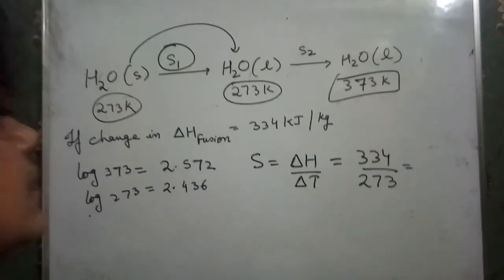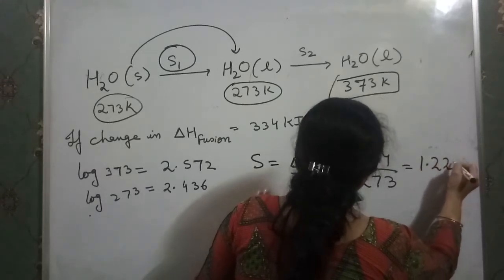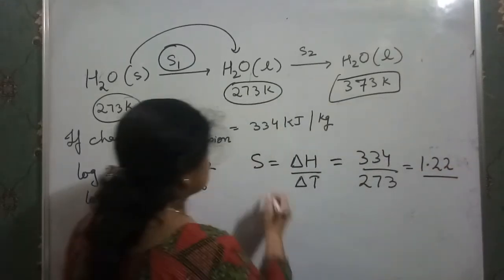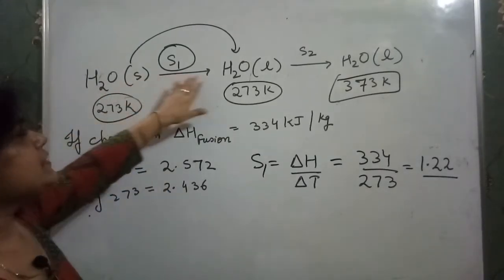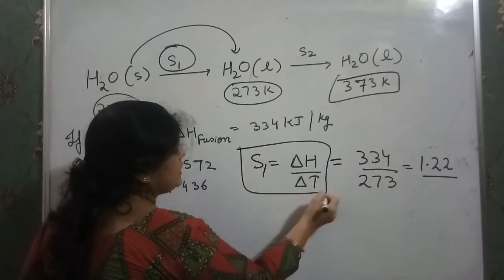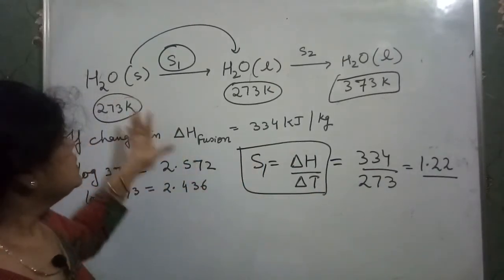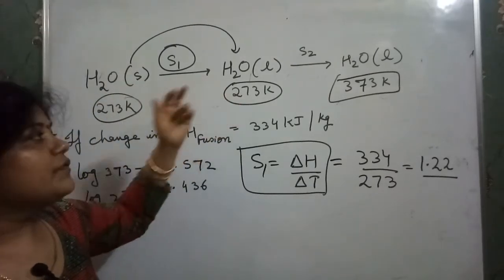When we divide it, it comes out to be 1.22. So this is our entropy S1. When there is a change of state, we use the formula delta H over T, where T is the temperature at which the fusion of ice into water takes place.